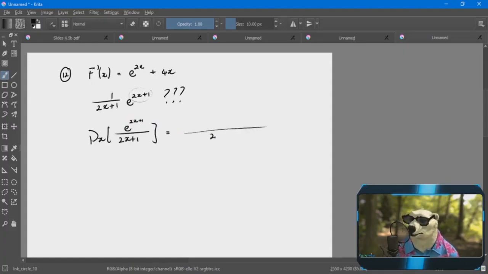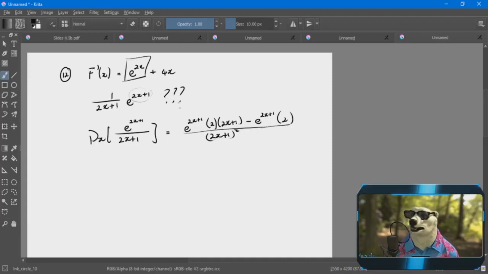And it's going to be the bottom one squared, derivative of the top, which is a chain rule, sorry, not minus, times the bottom, minus the top, times the derivative of the bottom, and it's not going to be my desired target at all. It's not even close. I've made it way worse. So that is a big no. You can't just blindly use these things in reverse if they don't apply.